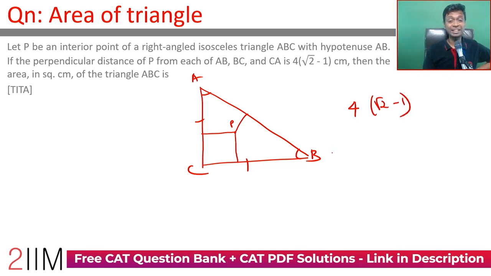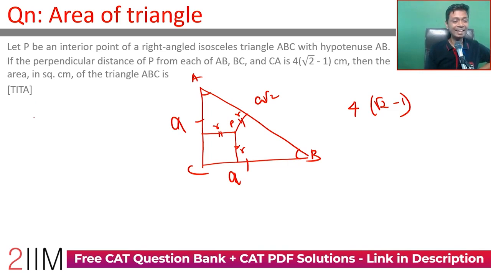That means P is the in-center. The sides are in the ratio 1 is to 1 is to root 2. Since all three distances are equal, we're effectively talking about P being the in-center. So we have a right isosceles triangle whose inradius is 4 times root 2 minus 1.